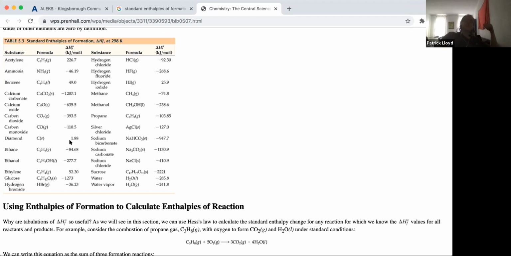In other words, when you form a mole of this material, you're going to have either an endothermic or an exothermic reaction. But see, it's not giving you an equation, right? There's no whole equation for that. It's just giving you the material. What we just did, where we went through writing the equations, they're just showing you the product.